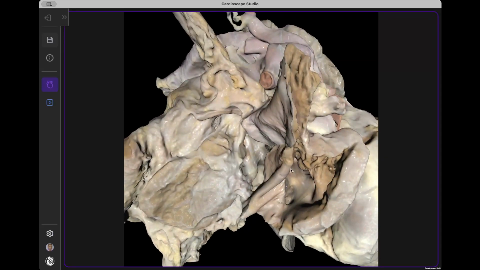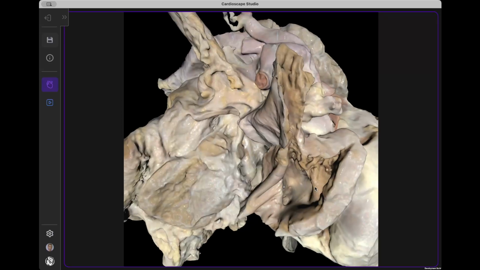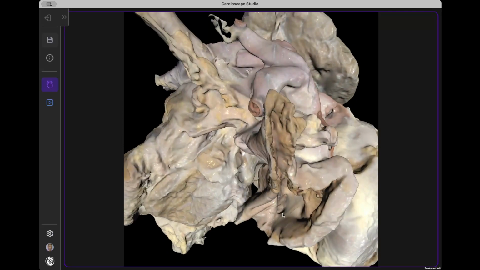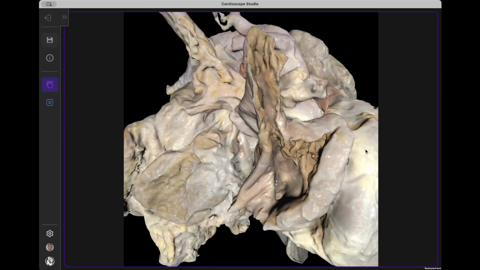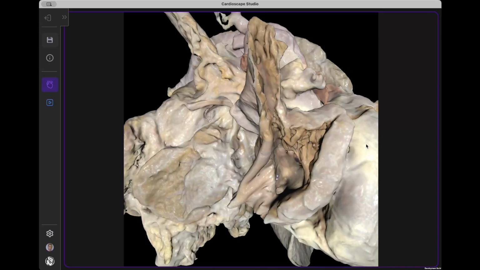Then we come down and we see that here's the inferior caval vein opening up into the right atrium. Here's the coronary sinus here, the tendon of Totaro here. And so we do have two structures that demarcate the triangle of Koch, which remember is an important structure, as at its apex is where the atrioventricular node lives.